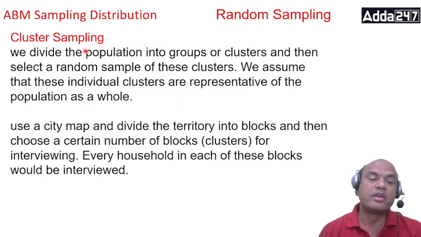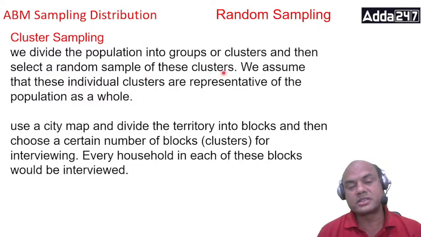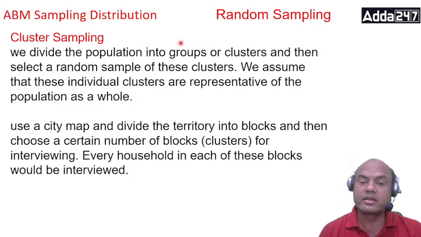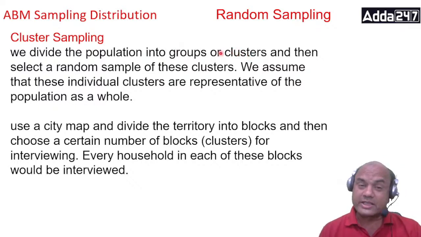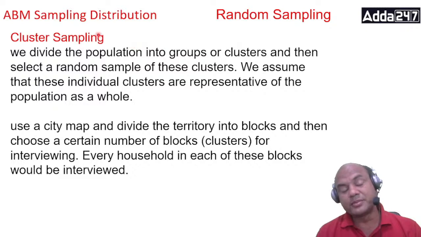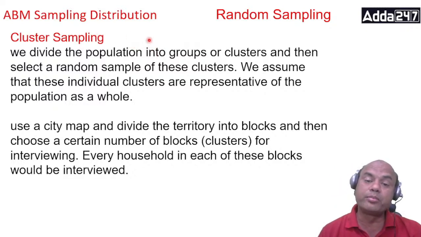Cluster. We divide the population into groups or clusters and then select a random sample of these clusters. So first we'll divide them into these groups or clusters. What did I say earlier? It is similar to that regional geography based Goa, MP, UP. We assume that these individual clusters are representative of the population as a whole. Now, how do we do this?